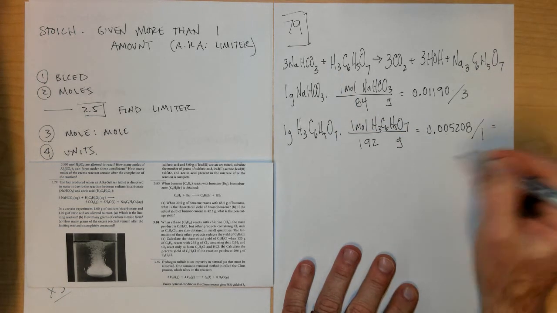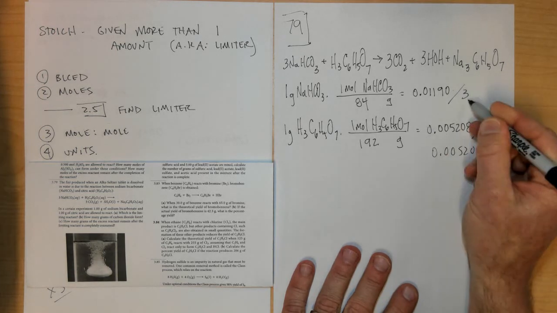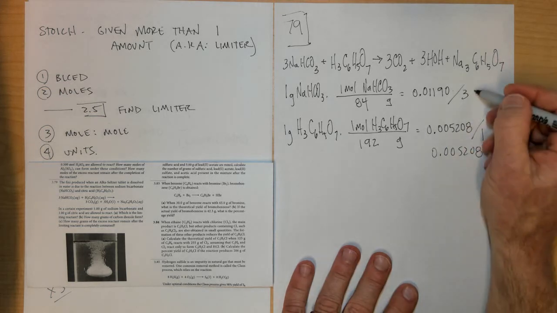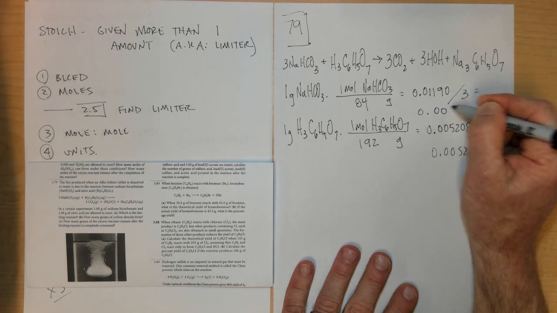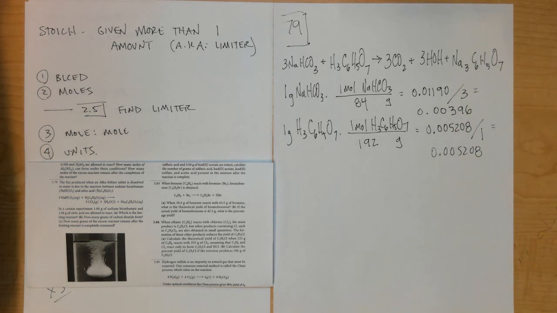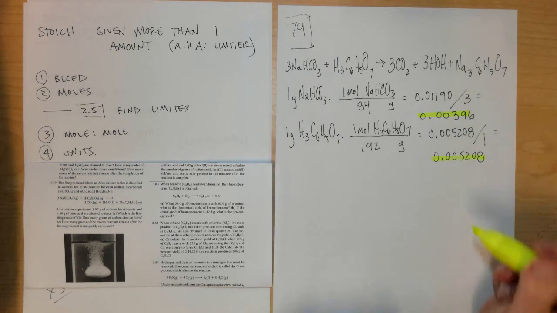So this one's going to end up being obviously 0.005208. This one you're going to have to do on your calculator, and it's a lot of numbers to push in, so I'll do it for you. This divided by 3 ends up being 0.00396. And this number and this number need to be compared, because you need to decide who is the smallest.